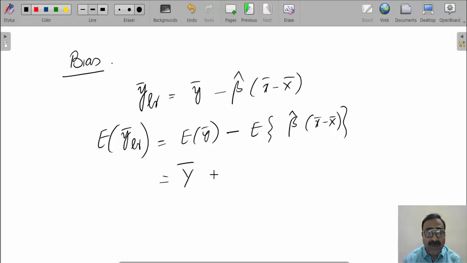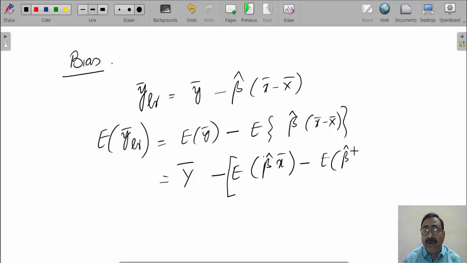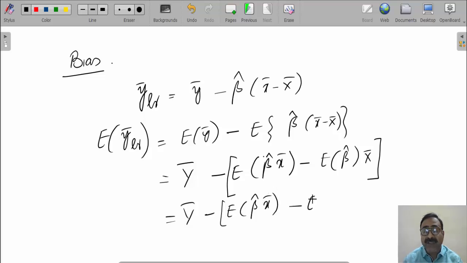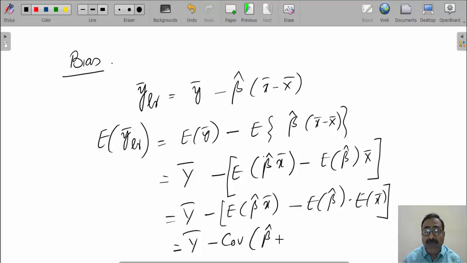So that is equal to Ȳ minus expectation of β cap x̄ minus expectation of β cap into expectation of x̄, because expectation of x̄ equals X̄. So this is the covariance of β cap and x̄.